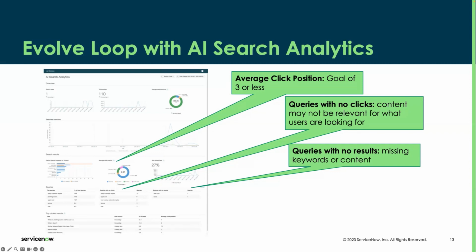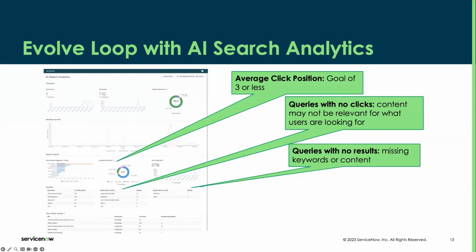The three things that I wanted to call out were average click position. We talked about that a little bit already. We have a goal of 3 or less as a good search experience. And you can see a breakdown of where people are clicking on information. We have queries with no clicks, which tells us that people are getting information presented to them, but they're abandoning their search. It's sort of like a cart abandonment problem.